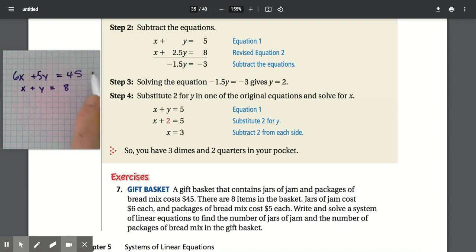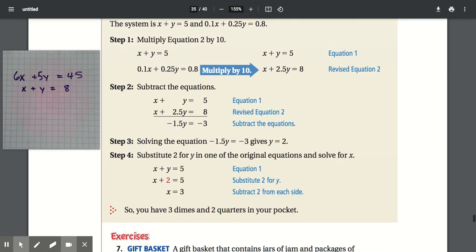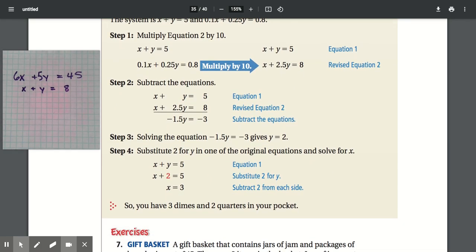Okay. Once you have written that, then your first step is to scroll up here and multiply each equation by a number so that you have opposites. So if we multiply this whole thing by -5, then we would have opposite equations, because the opposite of 5y would be -5y.